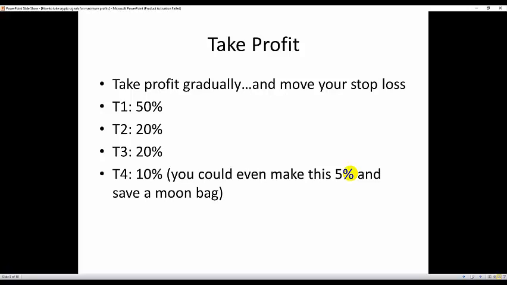So you won't be so attached to a particular coin that you wouldn't take profit. No, take profit and maybe leave 5% of that trade in it in case it keeps going up. That's your money. If it gets to like 10,000% in a year, then you still have 5% in that trade, and it's going to give you that percentage while you use the other capital to trade other coins.